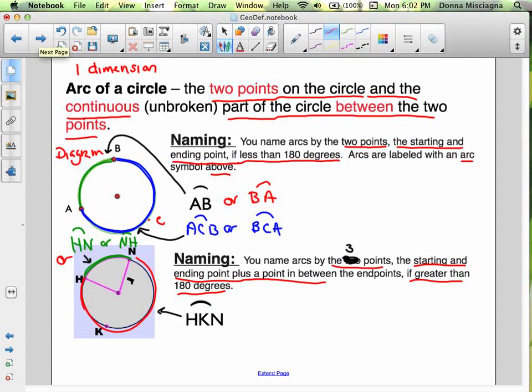So this would be arc HKN or arc NKH, because the order doesn't matter. Right? So it's 2 points for an arc less than 180 degrees, 3 points for an arc more than 180 degrees. Okay? So add this part to your notes.